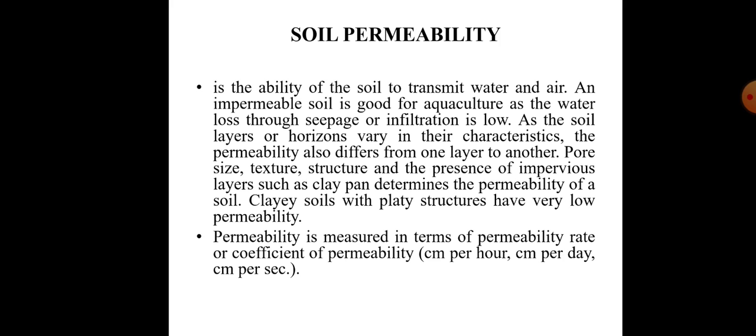Pore size, texture, structure, and the presence of impervious layers such as clay pan determine the permeability of a soil. Clay soils with platy structures have very low permeability. Permeability is measured as permeability rate or coefficient of permeability in centimeter per hour, centimeter per day, or centimeter per second.